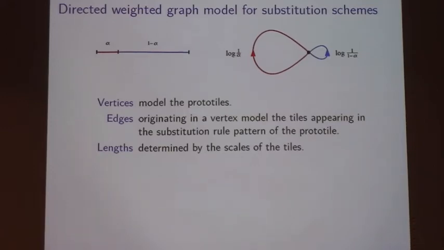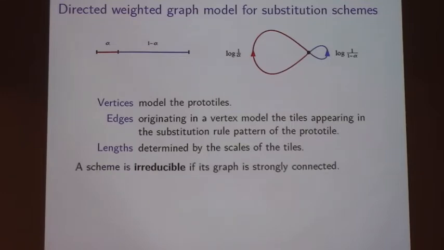Scales are multiplicative, and paths in graphs are additive, so you take a log. And since the log of a third is a negative number, which is not a good thing to measure length, I take the minus. But essentially, this is the whole thing. It's nothing very complicated. Okay?